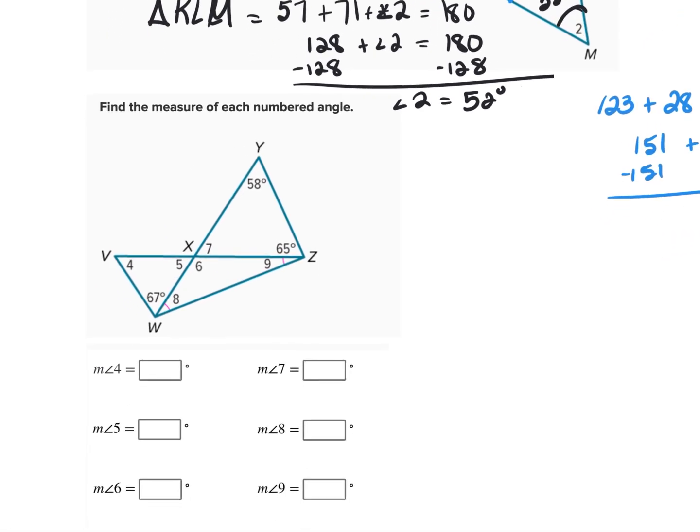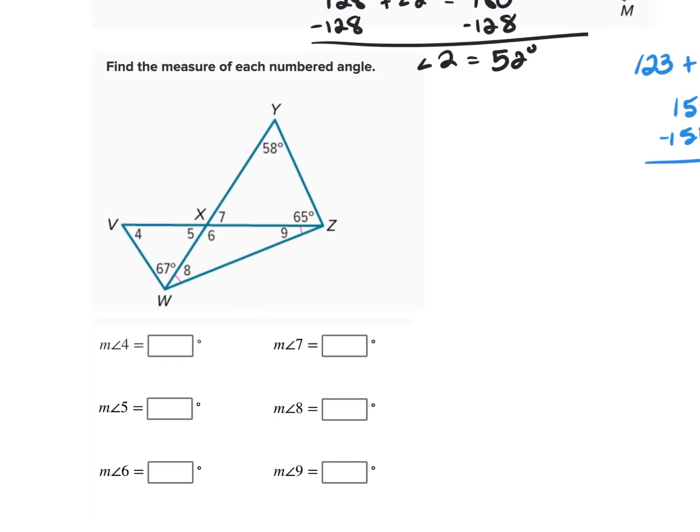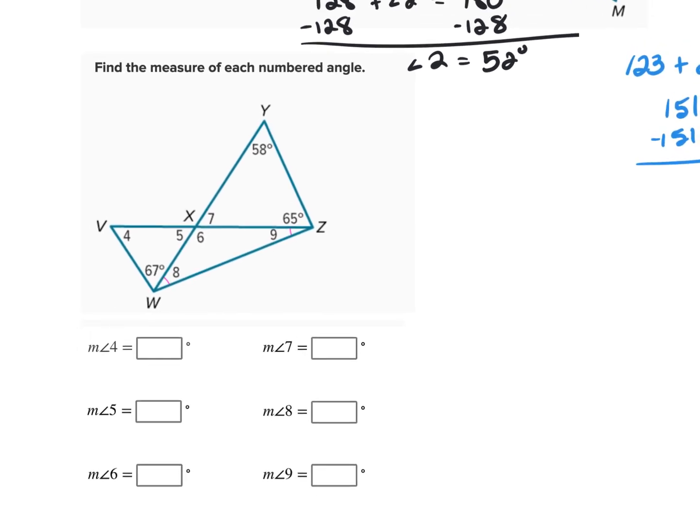All right, so let's take a look at this next example here. A lot of numbers going on. But take a look. First thing I'm going to ask myself is, is there any triangle where I have two of the angles given?